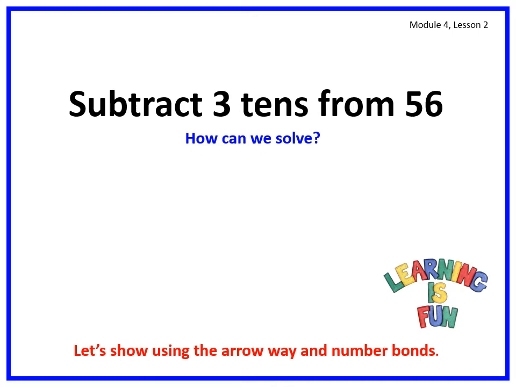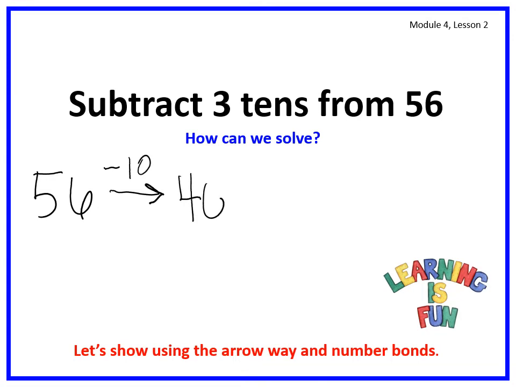Let's take a look now. Subtract 3 tens from 56. I'm going to do it the number bond way and the arrow way. Let's start with the arrow way. I am starting at 56. I can do it the same way as on my Rek and Rek, but for the arrow model, I'm going to go over to the next one by taking 1 ten.